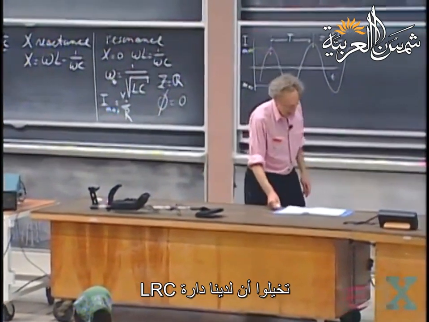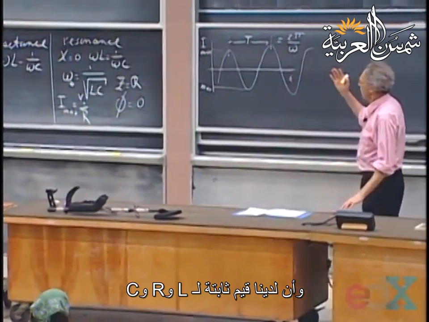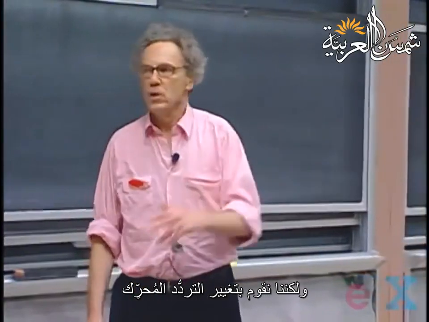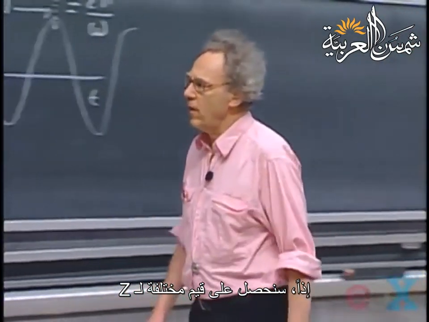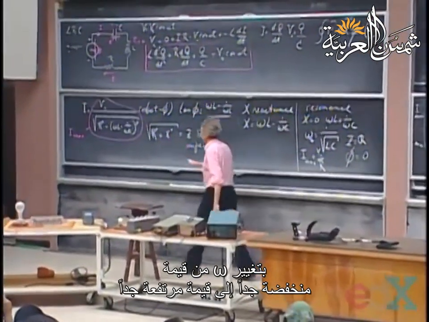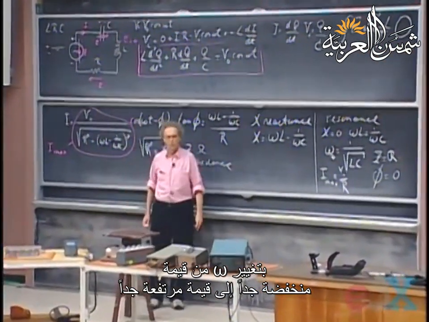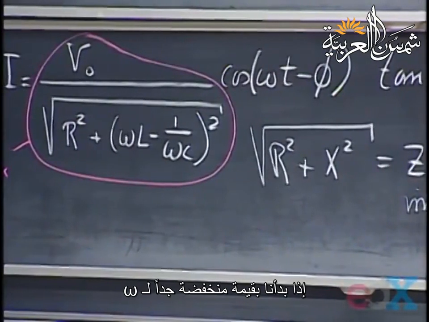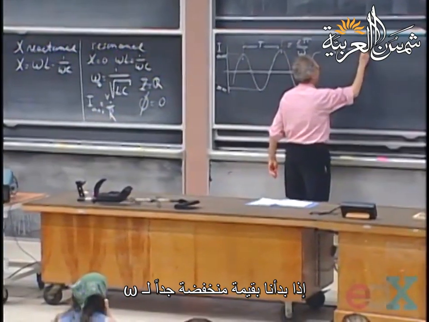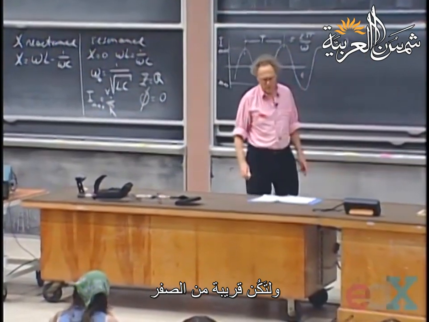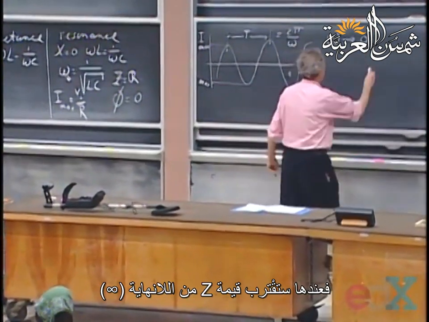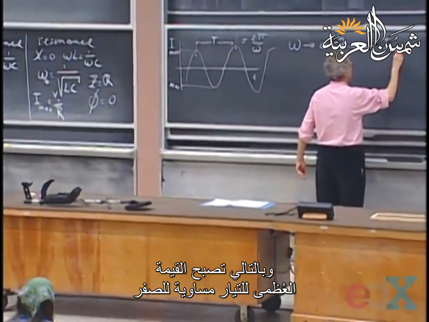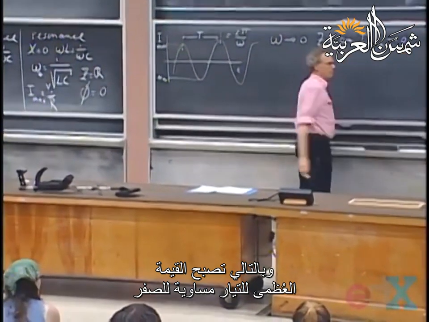Imagine that we have an LRC circuit, and we have L and R and C fixed, but we change the driving frequency. So we move over various values of Z by changing omega from a very low value to a very high value. If you start at a very low value for omega, let's say it approaches 0, then notice that Z goes to infinity, and so the maximum current becomes 0.